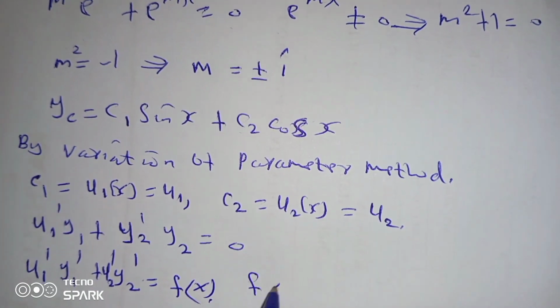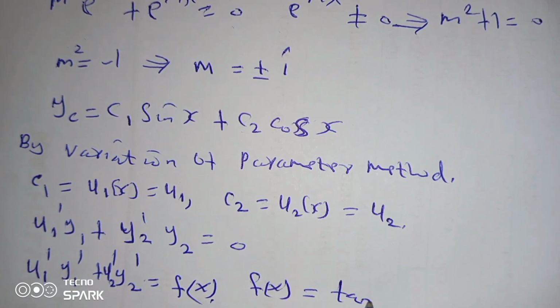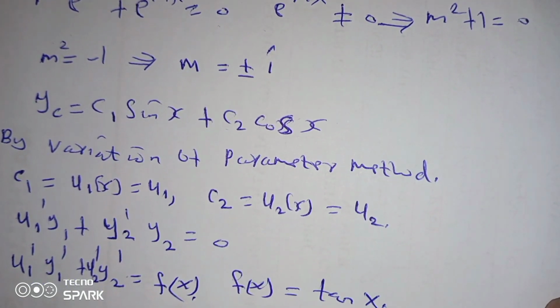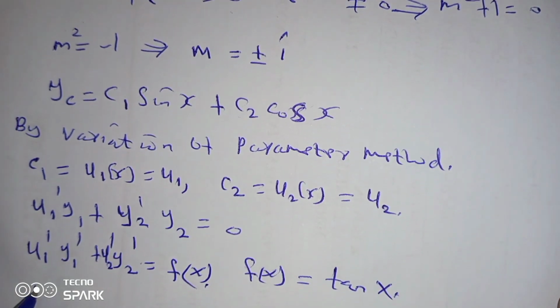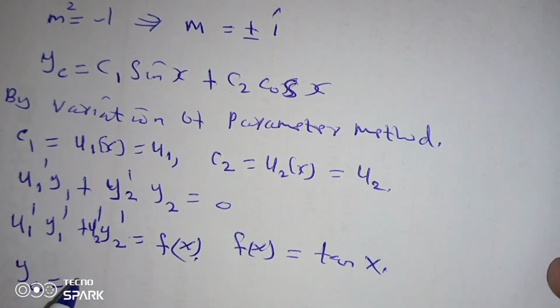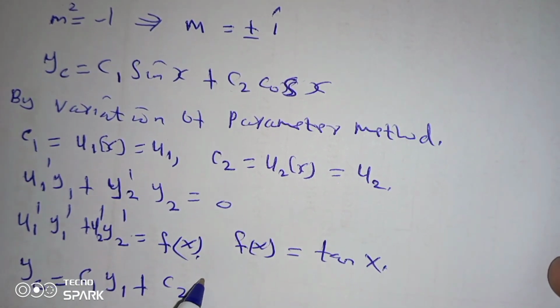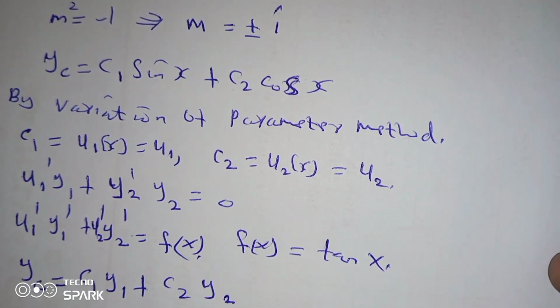In our case, f of x is equal to tan of x. So y complementary will be given by c1 y1 plus c2 y2.